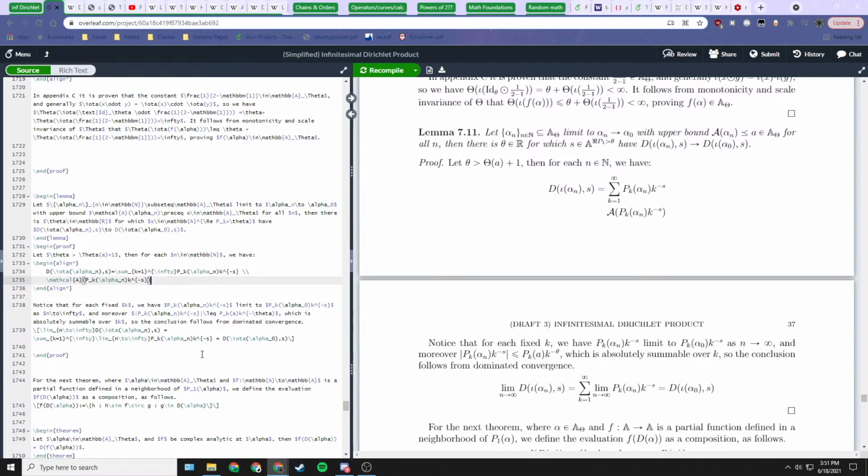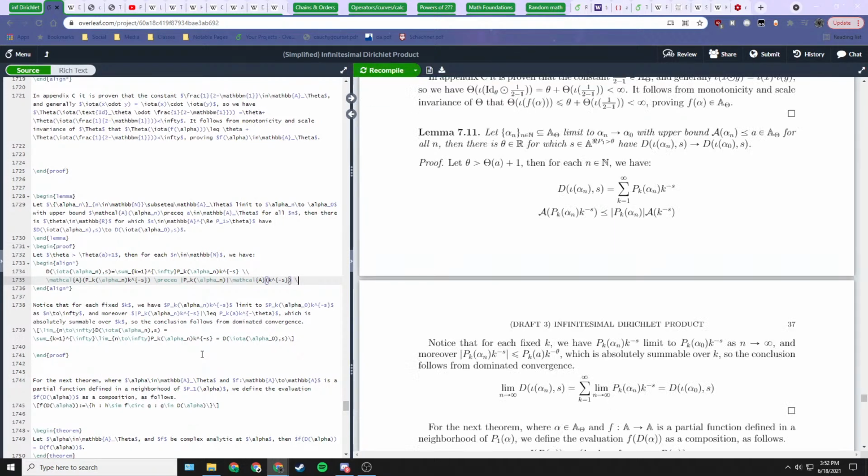If we do this, this is bounded by a of p sub k alpha sub n times a k power minus s, and actually this just ends up being the absolute value of p k alpha n. Is that the case? Yes.